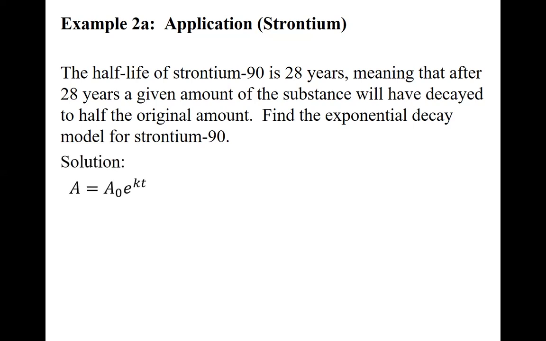So our general model, A equals A sub 0 e to the kt. We know that half of the initial amount, A sub 0 divided by 2, is what we're looking for.